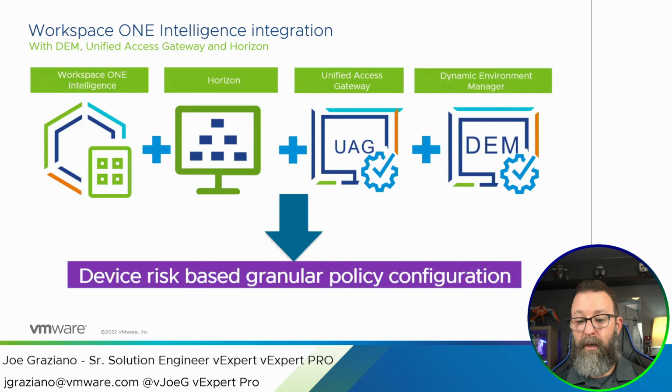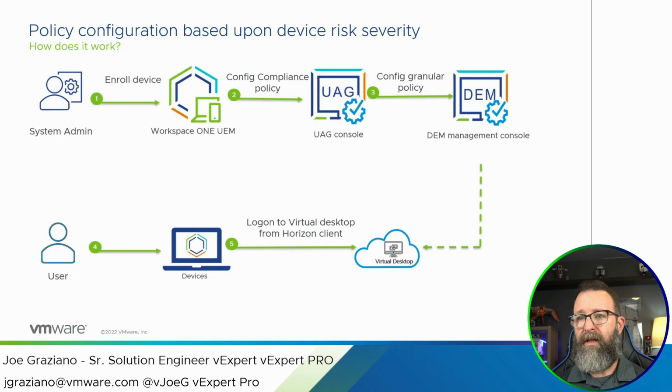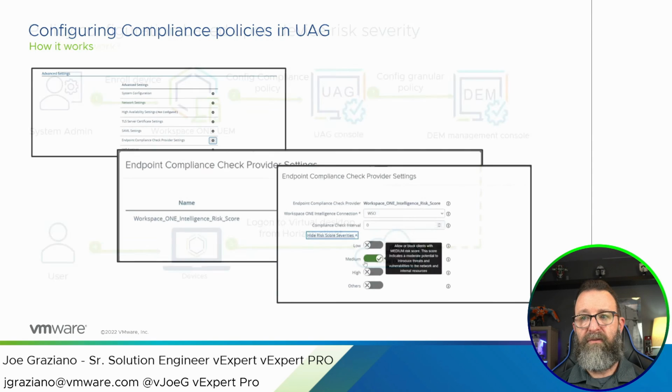There's now Workspace ONE integration. At the UAG and Dynamic Environment Manager, you can do policy-based settings, kind of like with OPSWAT. How that works is you enroll your device, the UAG talks to DEM, and based on how the policy settings play out, you can restrict at multiple levels what access to DEM policies this device has.